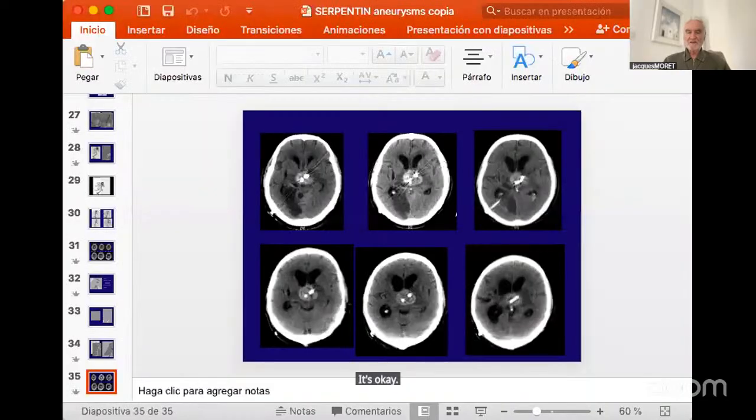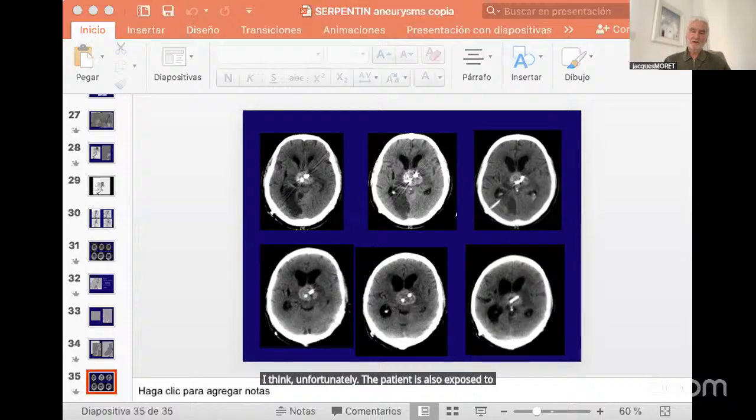Okay. Well, Luis, thanks for sharing these interesting cases. Once again, unfortunately the patient is also exposed to potential thrombosis. Those thromboses today are definitely much less frequent because of the better antiplatelets that we can use.